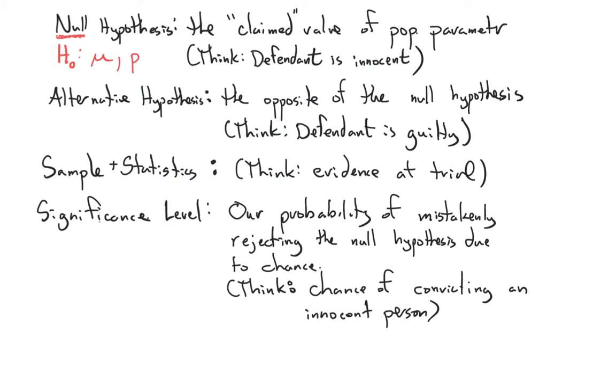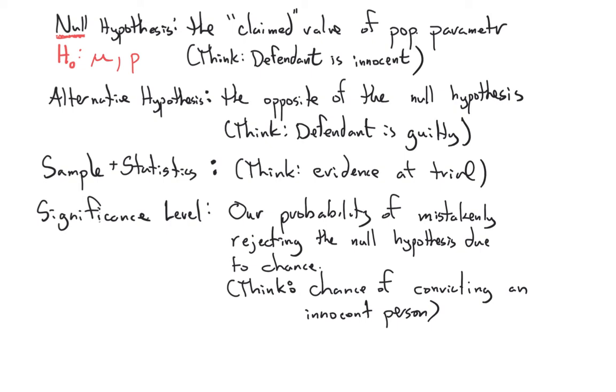Just know we could do the same thing if we wanted to do a hypothesis test for variances or some other population parameter. There exist methods out there, but for the purposes of this course, we're going to deal with mostly means and proportions.